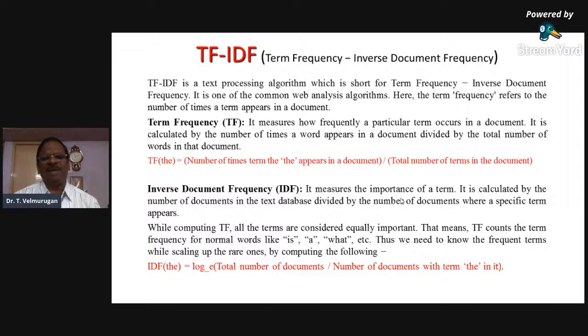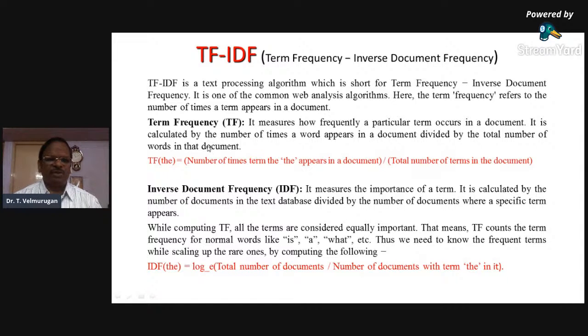This is done perfectly by using the term frequency and inverse document frequency method, very effectively. The TF and IDF method is effectively utilized to identify the frequency of a word: how frequently a particular word is created, accessed and processed, used and stored in a particular server.